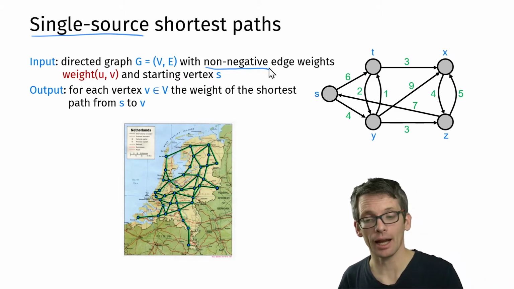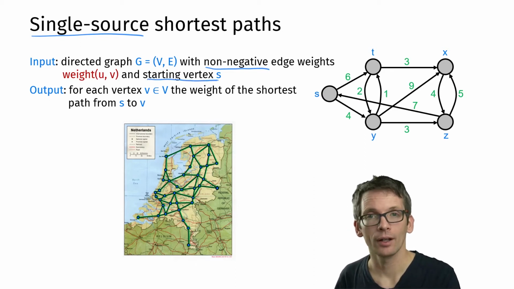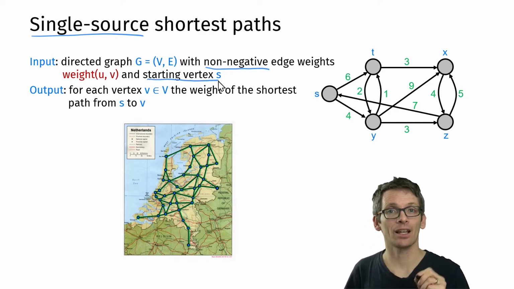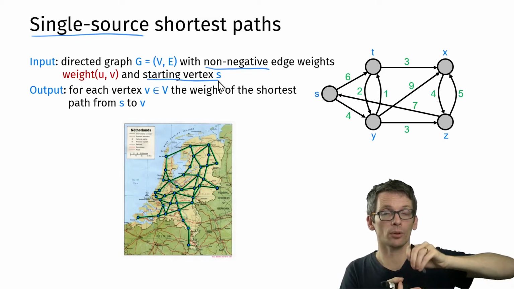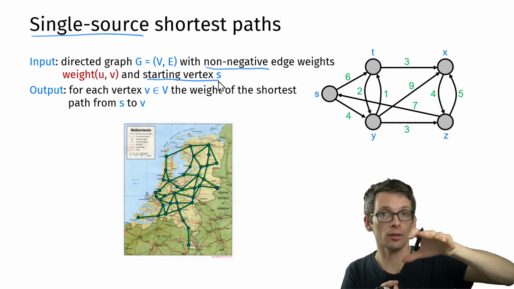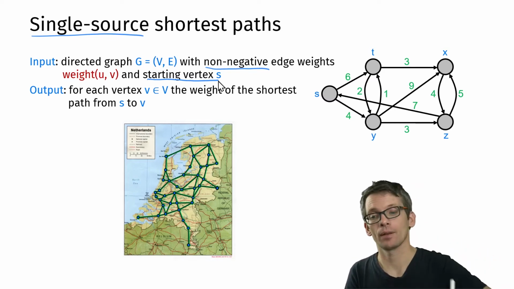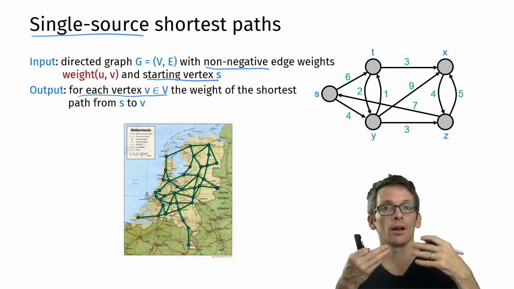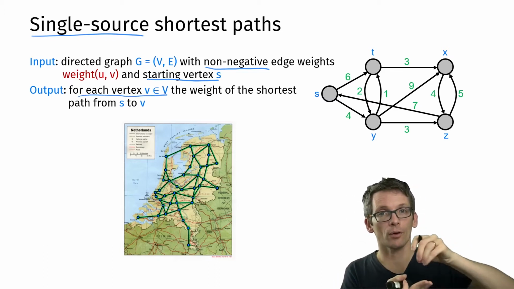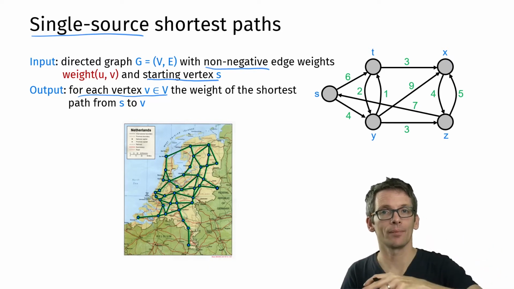Additionally, as input, we have a starting vertex S. So S is our source. That's why we're saying single source, because we're computing the shortest path from S to all other vertices V.